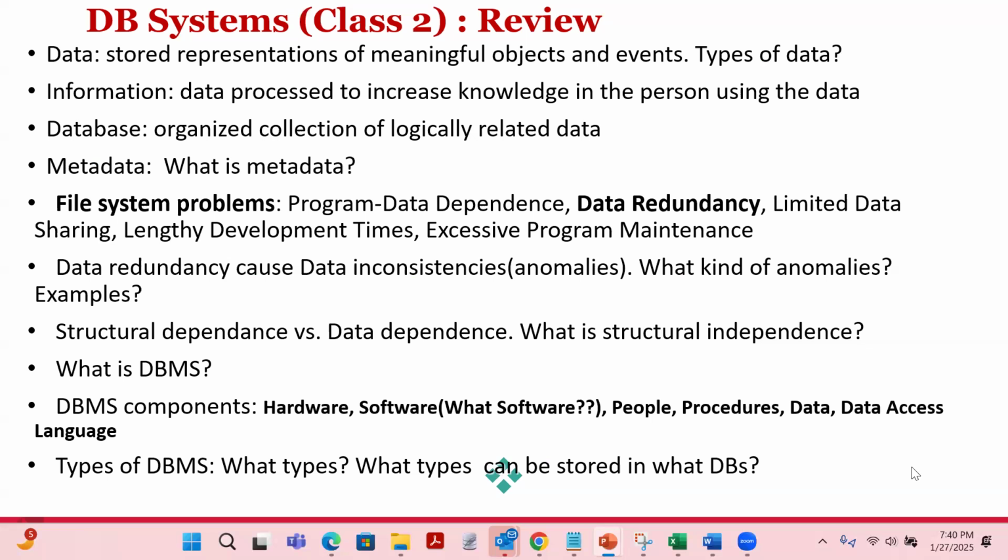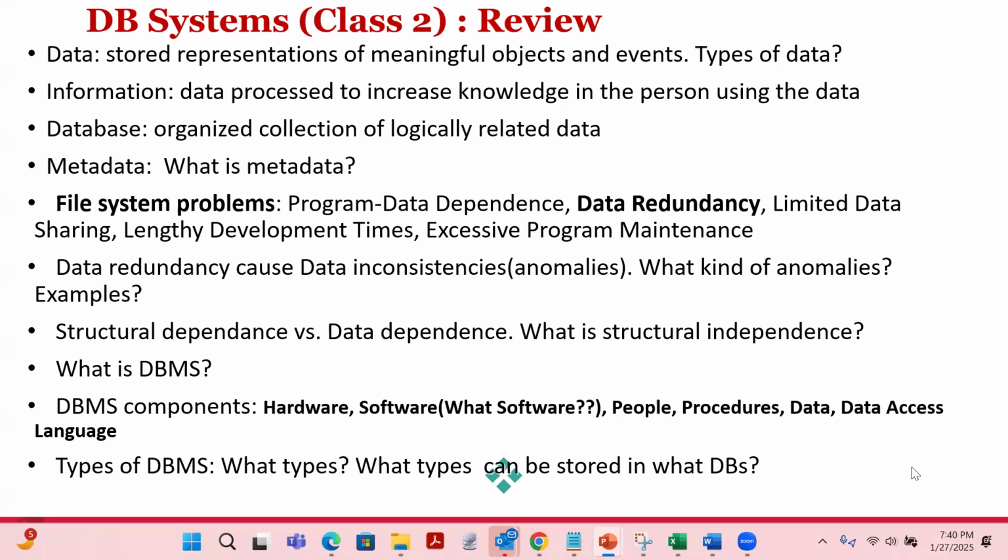So there is delete anomaly, insert anomaly, and update anomaly. So that represents the actual insert, update, or delete actions to data. We talked about structural data dependence. We already touched it when we talked about file systems.